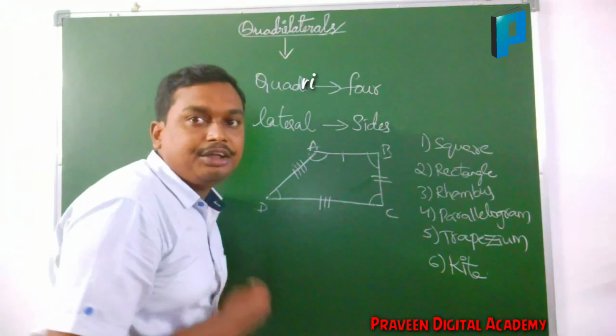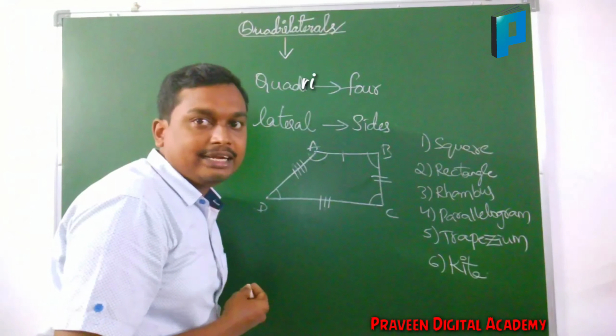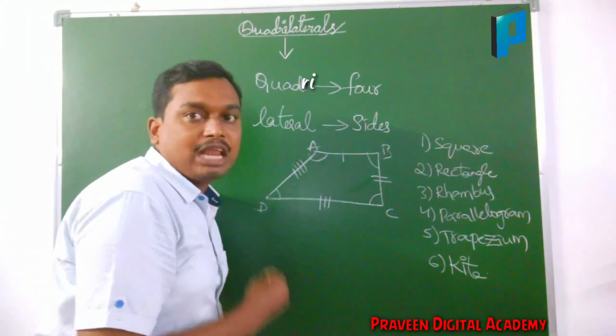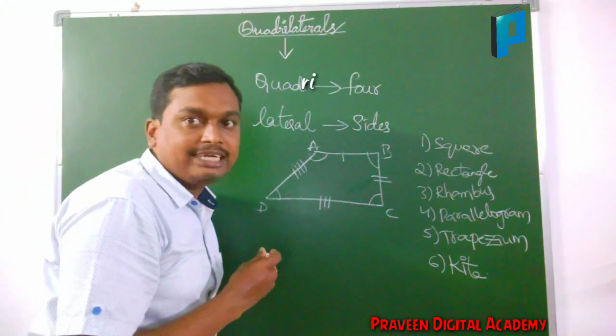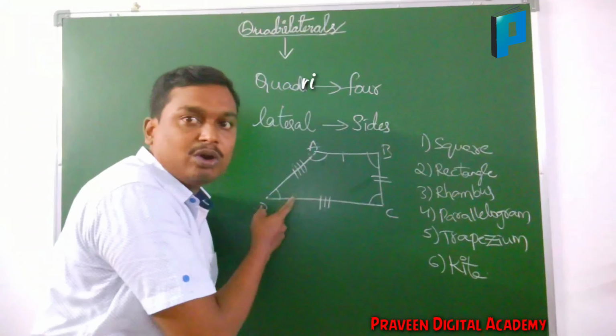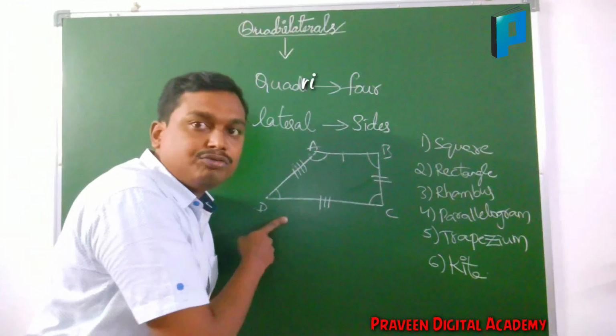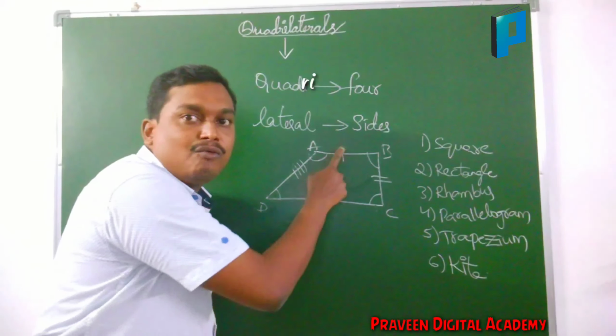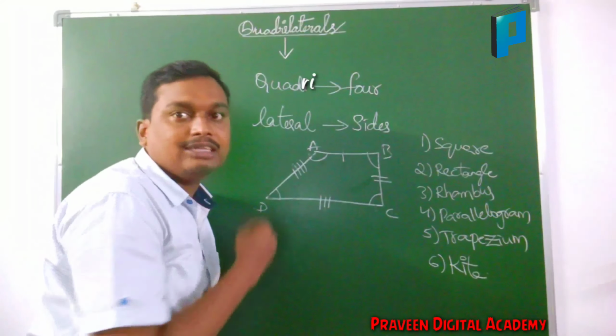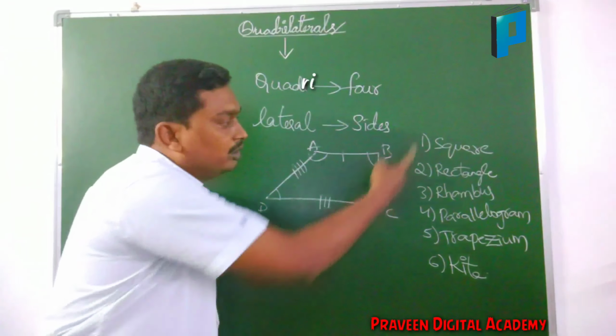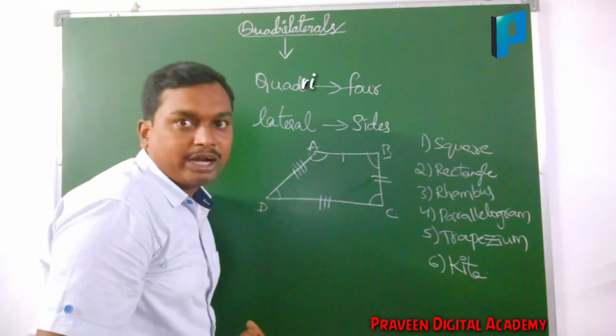These are the different types of quadrilaterals, and a quadrilateral will always have 4 sides and it will have 4 angles. A closed figure formed with 4 sides is called a quadrilateral. Now these are the examples of the quadrilaterals.